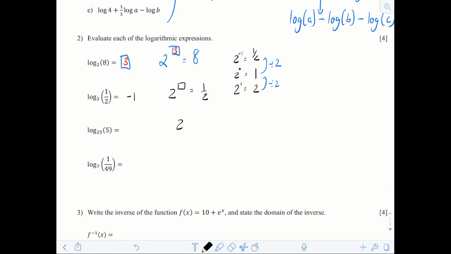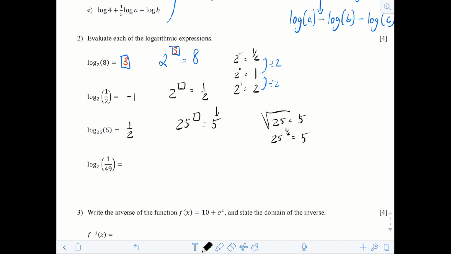All right, next one. 25 raised to the something power gives me 5. With this problem, I need to think about what exponent will make it a little bit smaller. I do know the square root of 25 is equal to 5. So if I write this as 25 to the 1/2 power, that will give us 5.